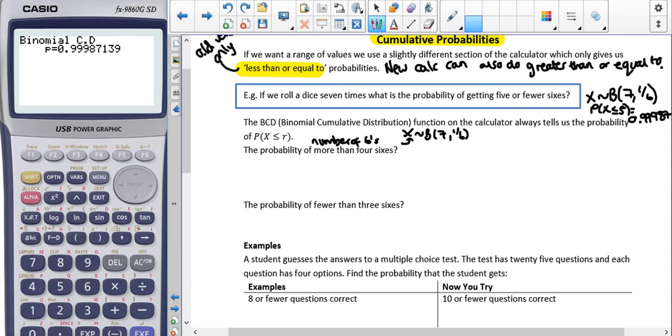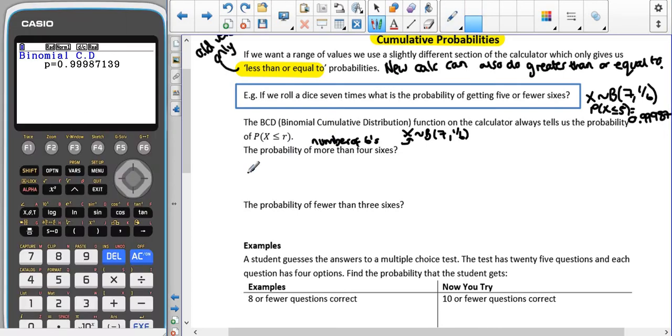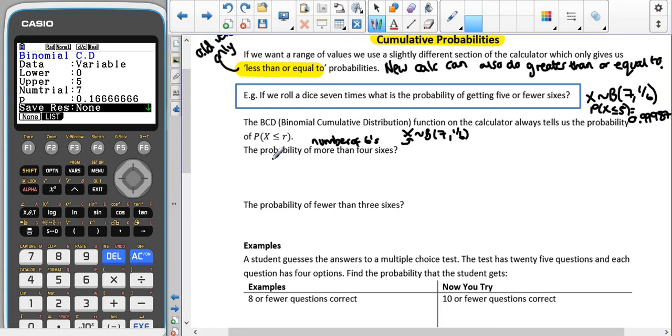So let's do the new calculator first. If I click exit to go back to this screen here, we're looking at the probability of it being strictly more than 4 6s. Now remember that the calculator here only does greater than or equal to, and this sign here is a strictly greater than, so we're going to have to change it.